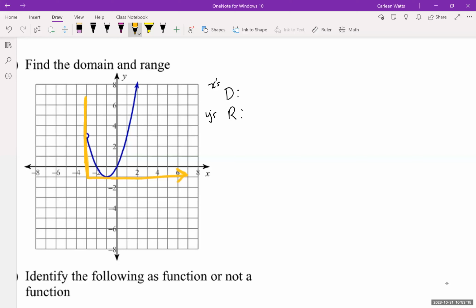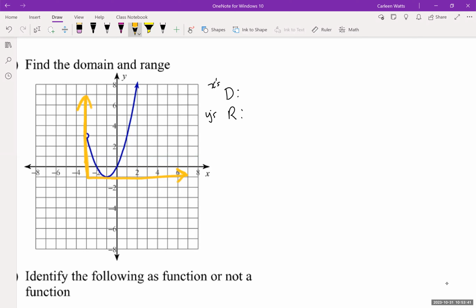There is no boundary on the right. And we can see that the y's, there's a boundary at the bottom, but there is no boundary up above. Yes, infinity is going to be in here.